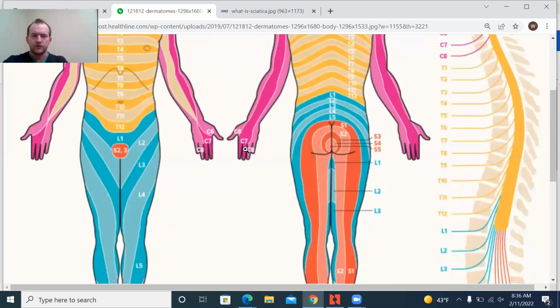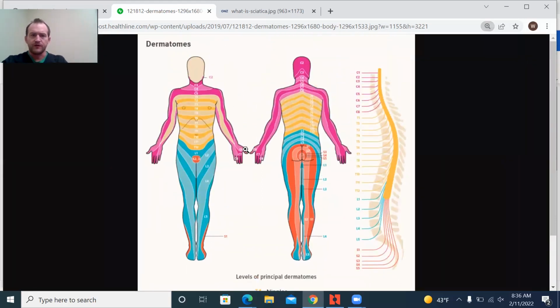But the point of this is just to show that there are different nerve root patterns that supply different areas of the body. And in the term radiculopathy, it could be that the problem is presenting farther, like in the hands or the feet, but the problem could be sourced at the back. Something in the back is getting short-circuited and it's presenting with symptoms just down the nerve pathway.